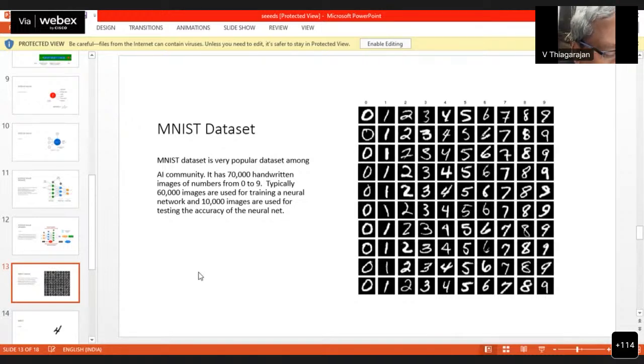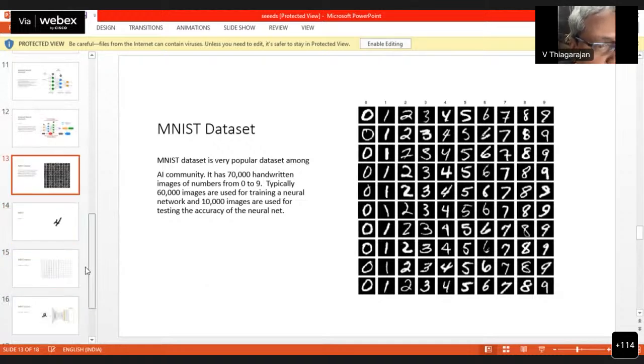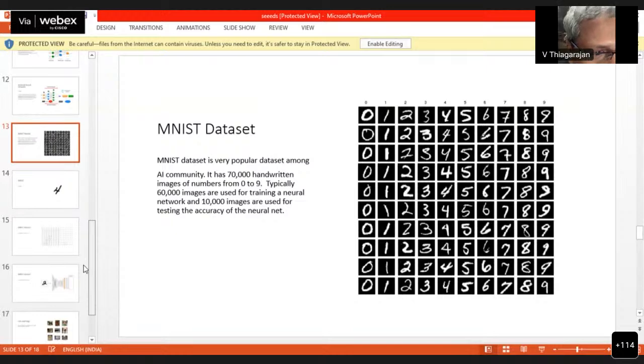People handwrote these numerals, and everybody has their own handwriting style, right? Look at the data on your screen, and each one of the zeros has many variants. I'm only showing you about 10 samples, so imagine there are about 70,000, how different it could have been.